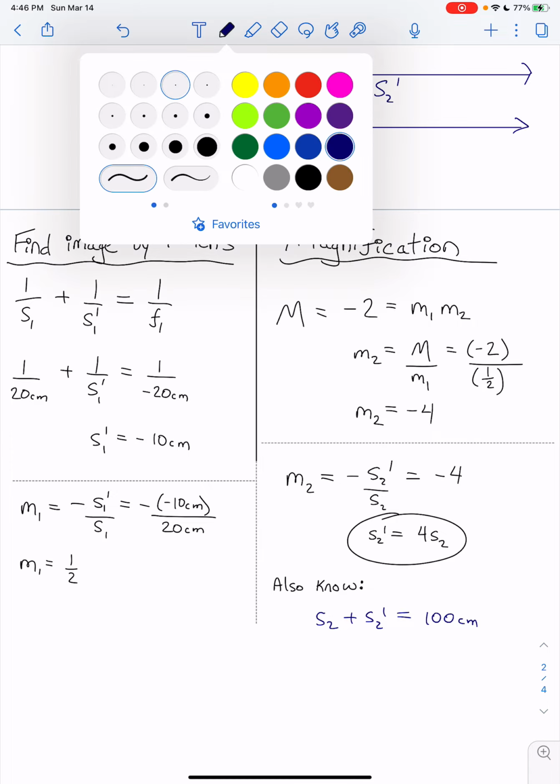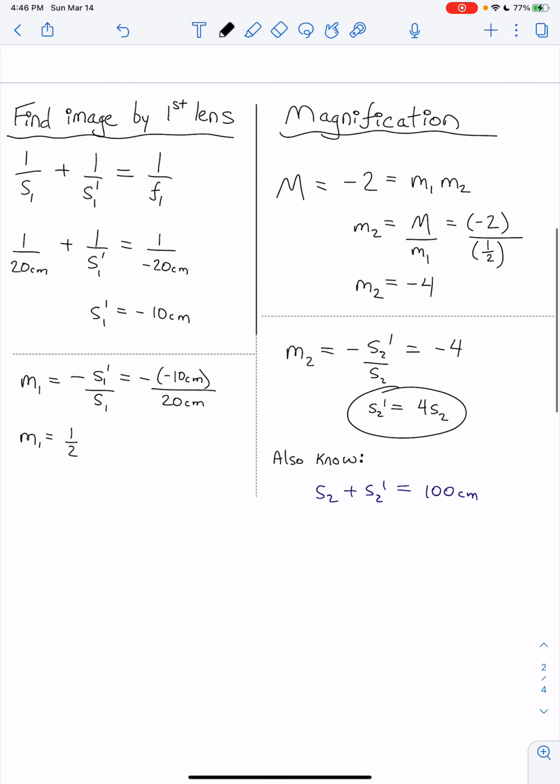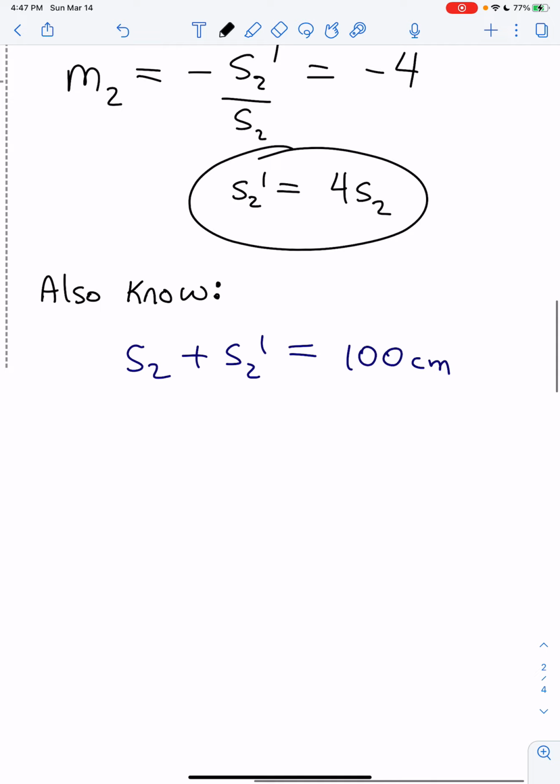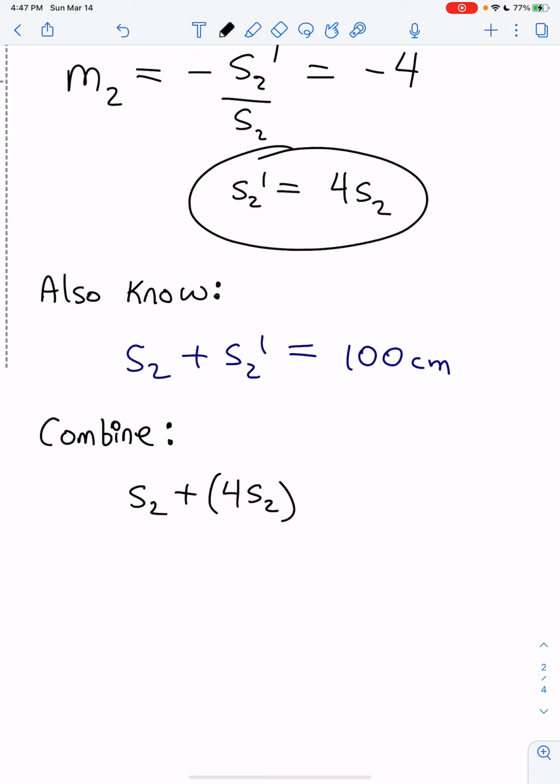And now we can combine these two equations. So I'm going to substitute in for S2 prime. So I'll have S2 plus 4S2 is equal to 100 centimeters.